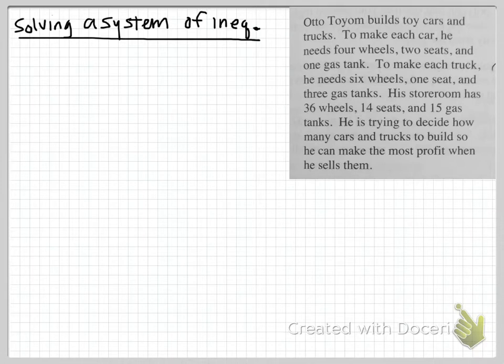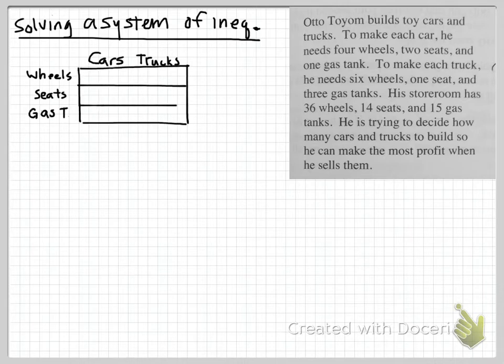Alright, so I thought maybe the first thing I would do, since there's so much information, is make a table. I call this a two-way table, and I'm going to talk about how many wheels and seats and gas tanks each car or each truck needs.